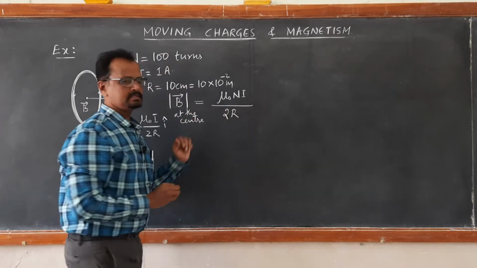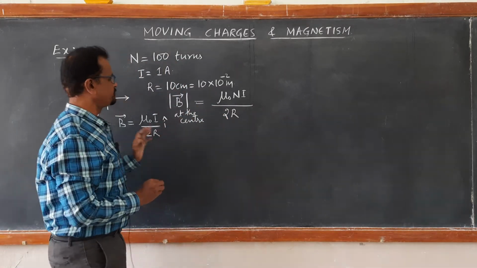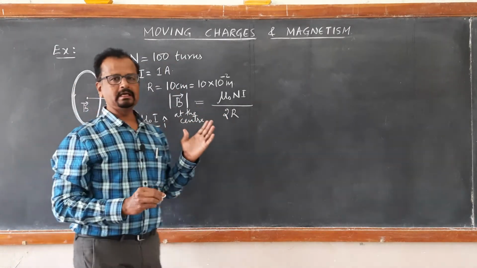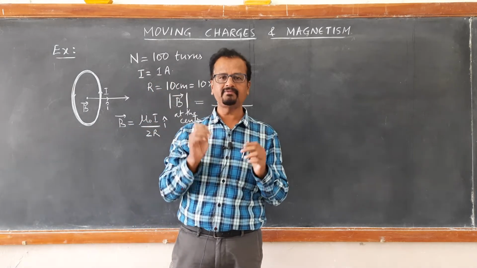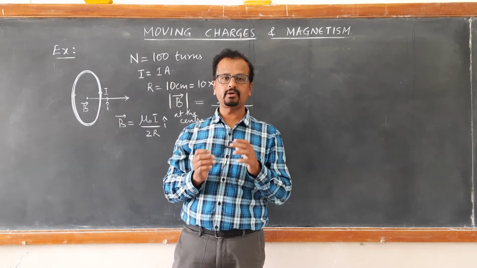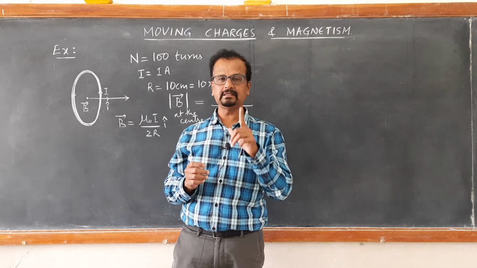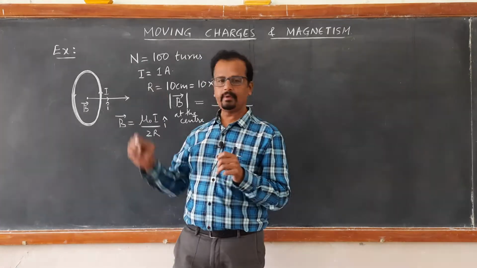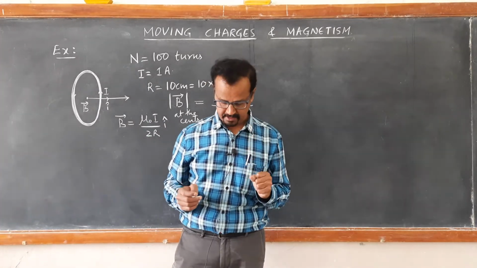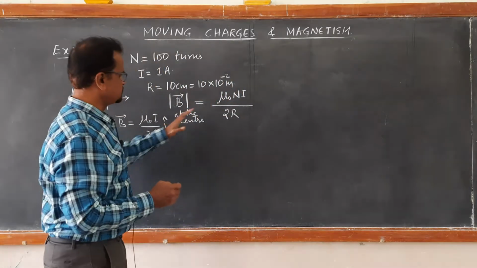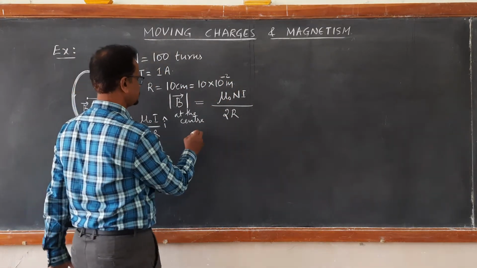So this becomes the simple equation to find the magnetic field due to a coil consisting of 100 closely wound turns, carrying current I equal to 1 ampere. What is the magnetic field at the center? This is the question.